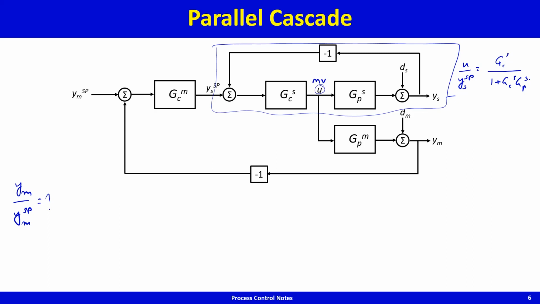Yeah, so ym by y set point is going to be equal to GCM GCS divided by 1 plus GCS GPS, times GPM divided by the feedback 1 plus whatever is in the numerator.